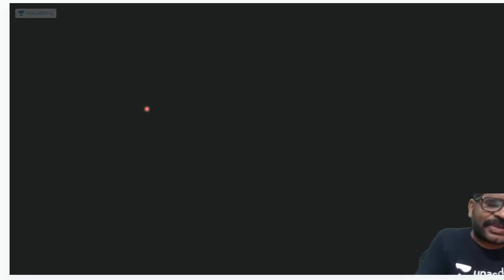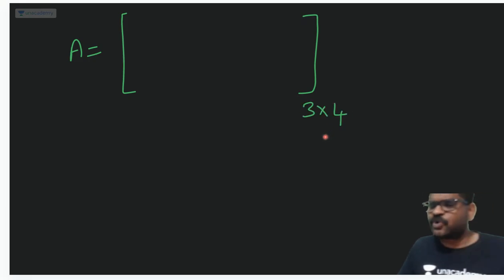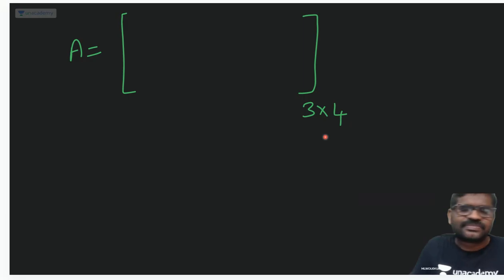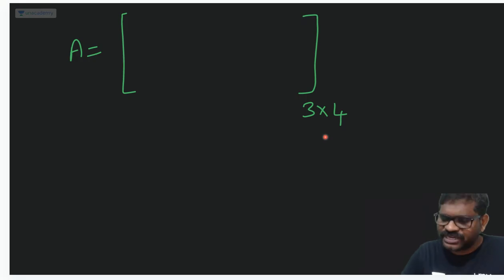For example, matrix A is 3 cross 4. Sarthak, you wait. Let me explain. At the first example, so many questions are difficult to answer.